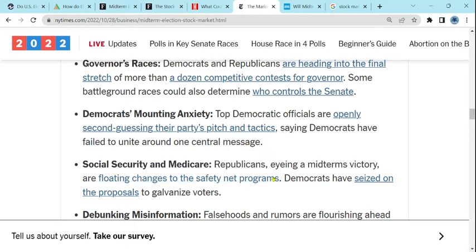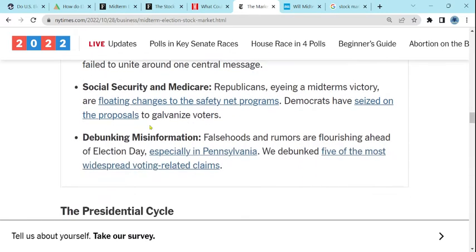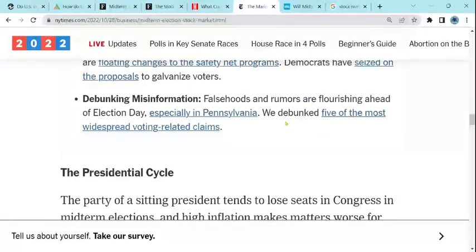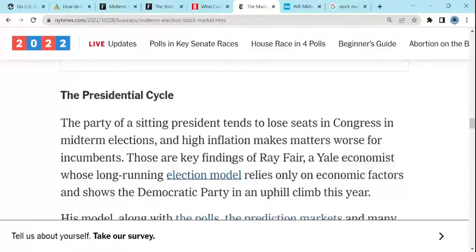Social Security and Medicare: Republicans eyeing a midterm victory are floating changes to safety net programs. So that's a galvanizing topic. And here they're debunking 5 of the most widespread voting related claims. So the presidential cycle: the party of the sitting president tends to lose seats in Congress in midterm elections, and high inflation makes matters worse for incumbents.